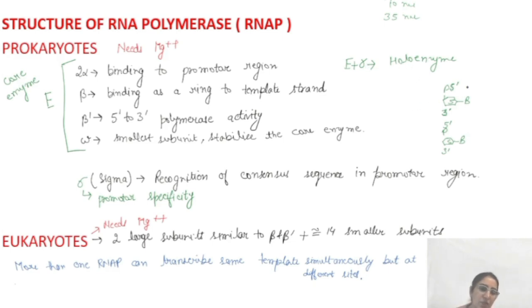So what is 5' to 3' polymerase activity? Suppose this is one nucleotide, this is our sugar moiety, this is the nitrogenous base, and this is the phosphorus moiety. This is the 3' end of the sugar moiety, and this is the 5' end.